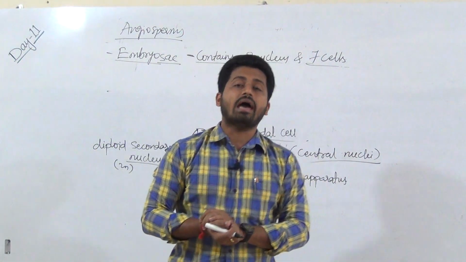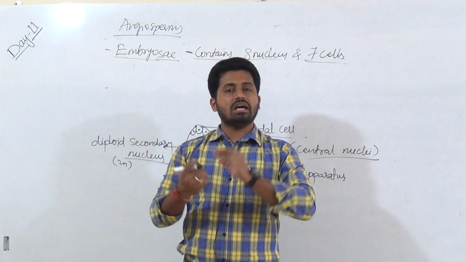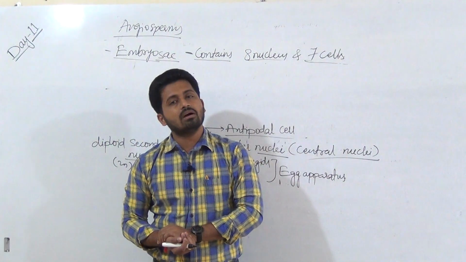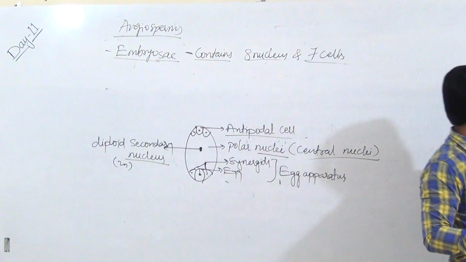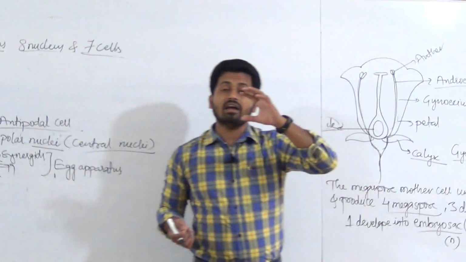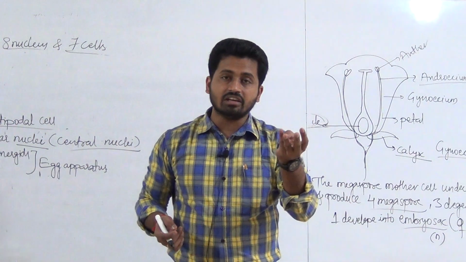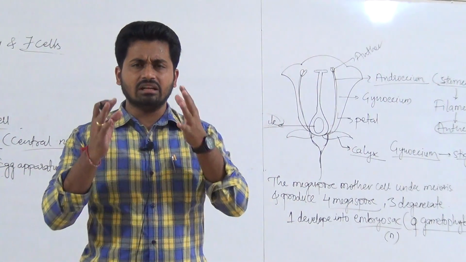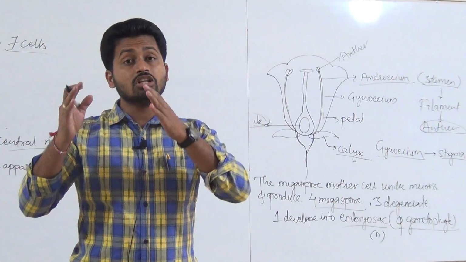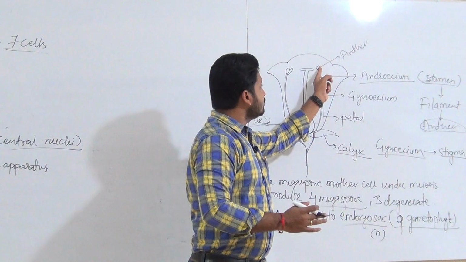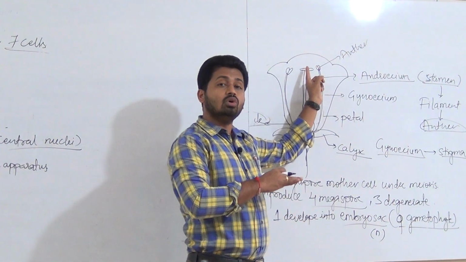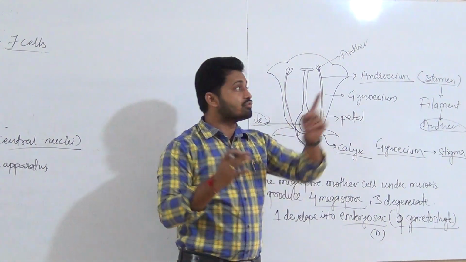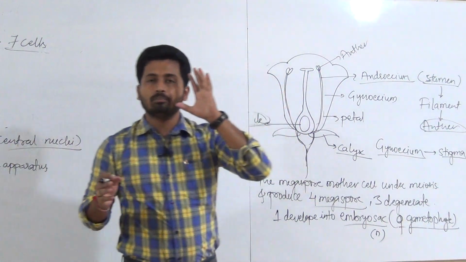Pollen grains from the anther, when they are released or dehisced, are transferred to the stigma surface, by means of air, insects, water or animals such as snails. This is covered in 12th standard. The transfer of pollen grains from the anther to the stigma, in the same flower or another flower, is called pollination.